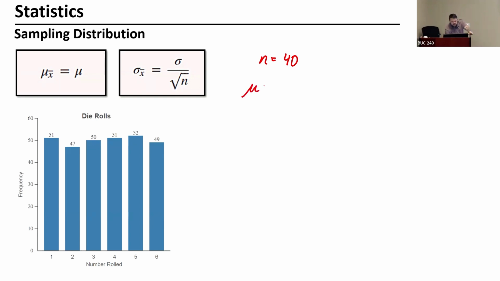The mean of this was 3.5, which we can now say, what's the mean of my sample? 3.5. Remember, the mean of the sample is the same as the mean of the population. My standard deviation, though, from earlier, dealing with my population here was this. We're just gonna use the 1.7. Like I said, I think it's 1.70, but we'll go with 1.7.